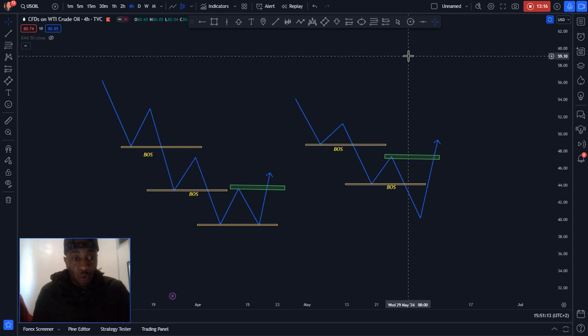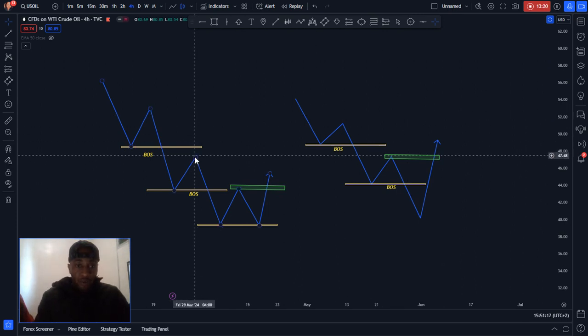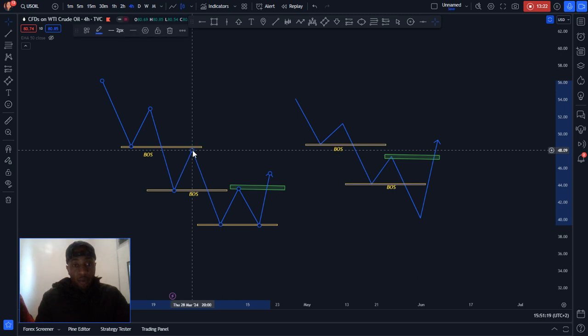Okay guys, so now we were talking about the continuation patterns of the market. Now we're going to be talking about the reversal pattern, or how do you spot, or what indicates that the market is about to change direction.